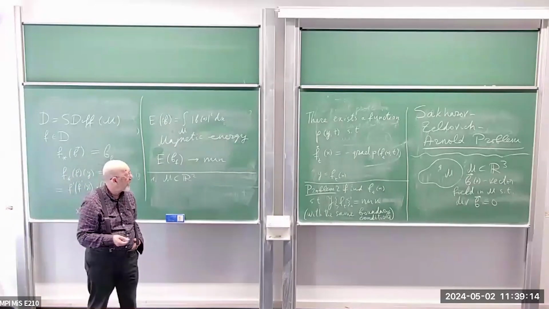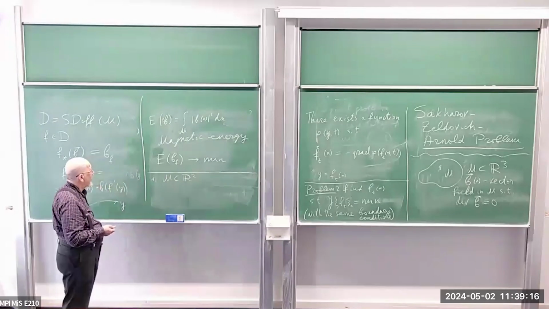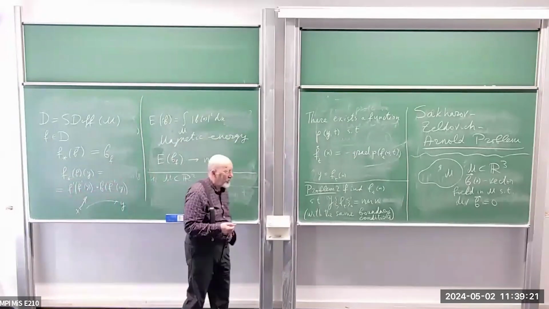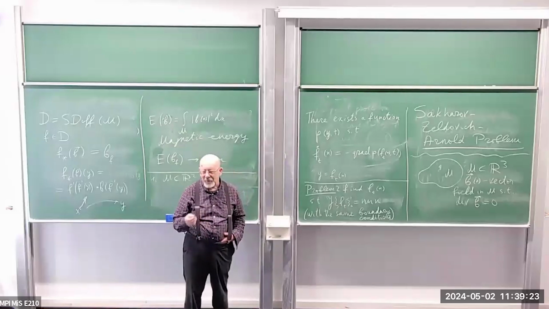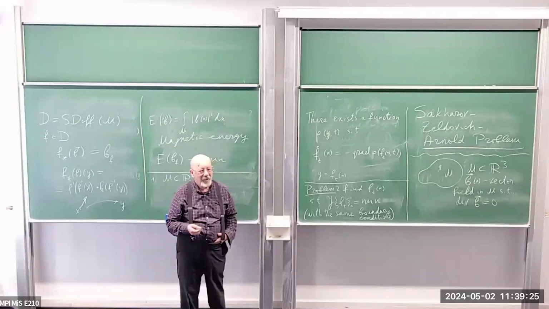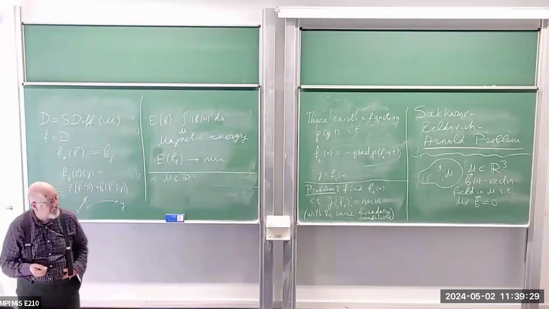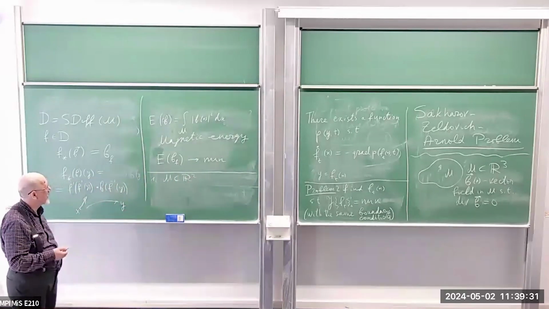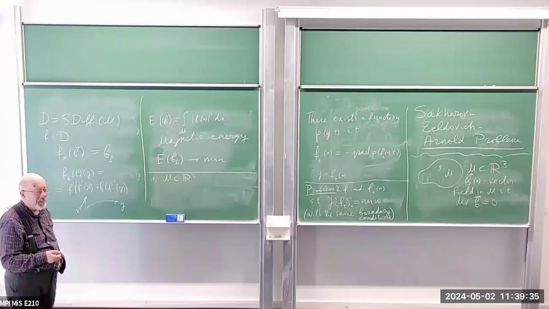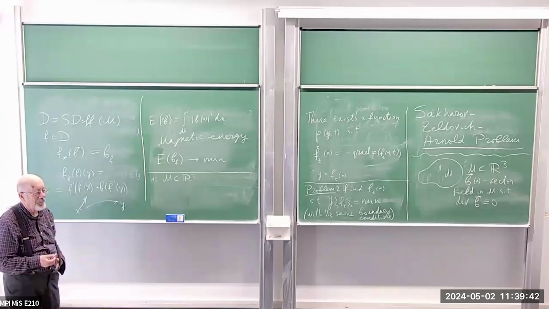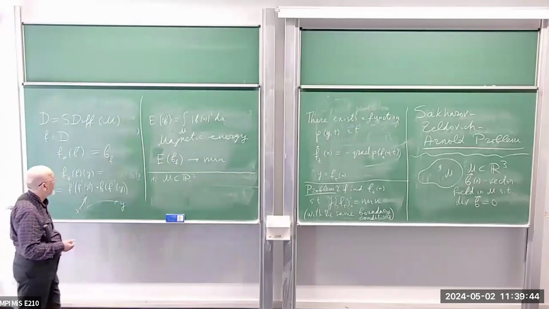In this case, there are rigorous results that a solution exists in some class, and numerical results that yes, it exists, but usually it is discontinuous. Maybe next time I will bring some pictures which confirm this.